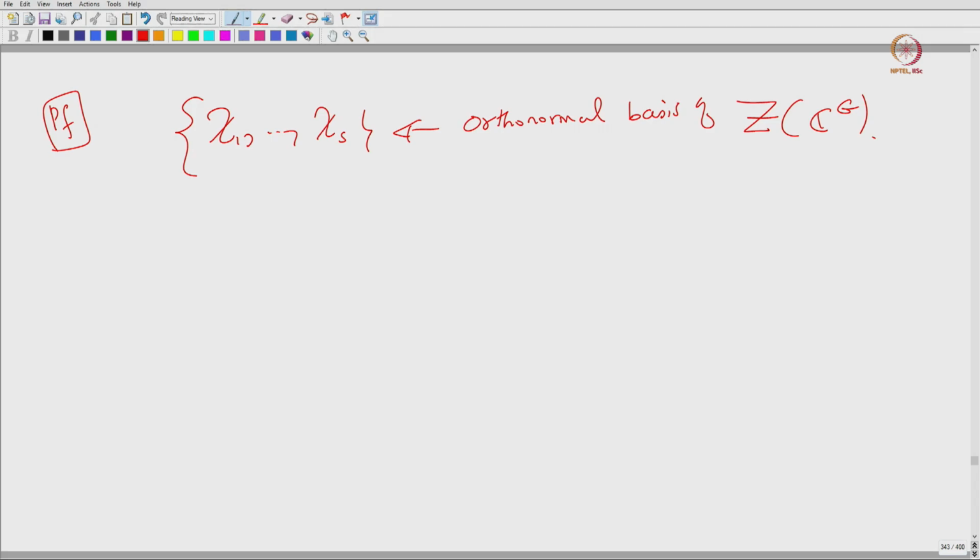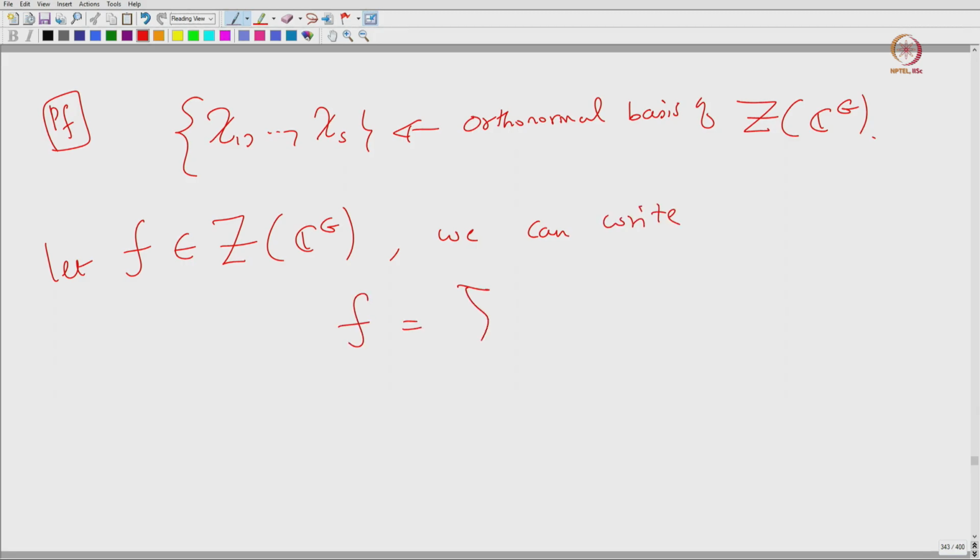So, given any f in Z of C G, we can write f as the summation of the inner product of f with chi i times chi i. This immediately follows from the fact that the chi i's form an orthonormal basis of Z of C G. In particular, we are going to apply this for f equal to delta C dash.